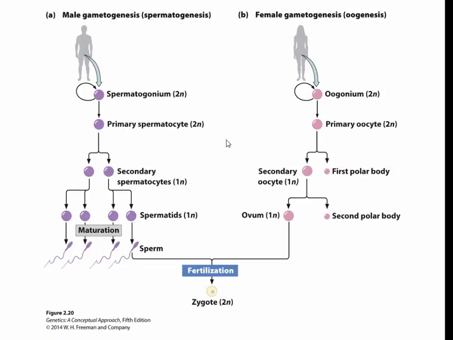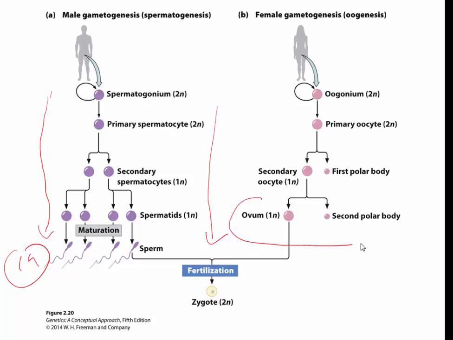Sometimes people really get into exactly what's going on at each detail here. The only reason I show this is just to give you an idea to put the meiosis in context. So we're just going from 2n, meiosis, meiosis, meiosis. We get down to 1n. Same thing here, meiosis, meiosis, meiosis. There are some details with meiosis where you get these polar bodies.